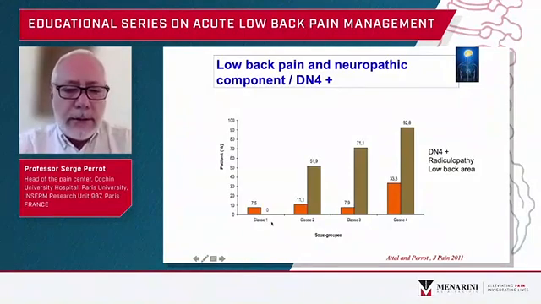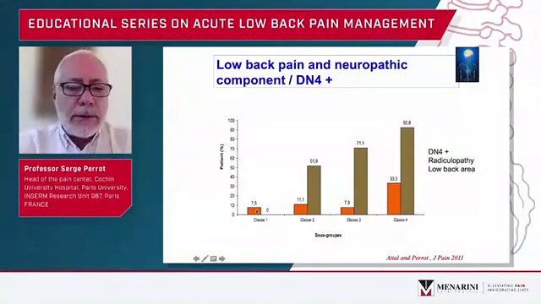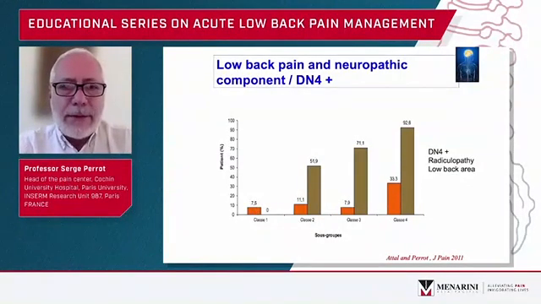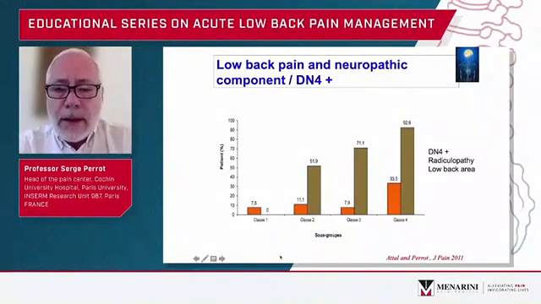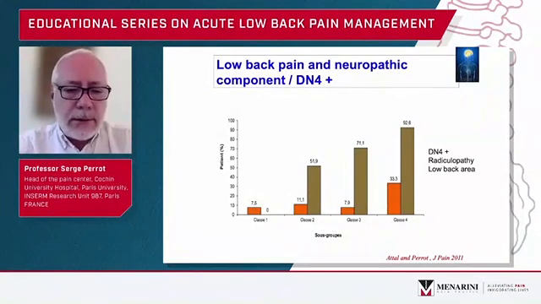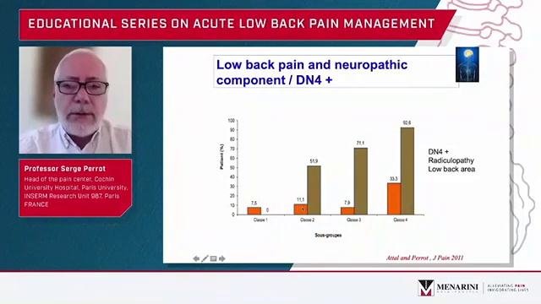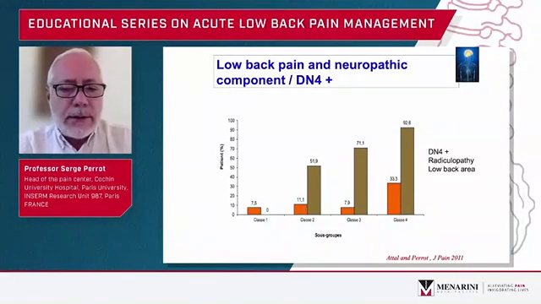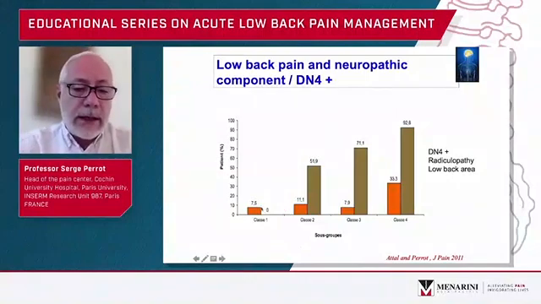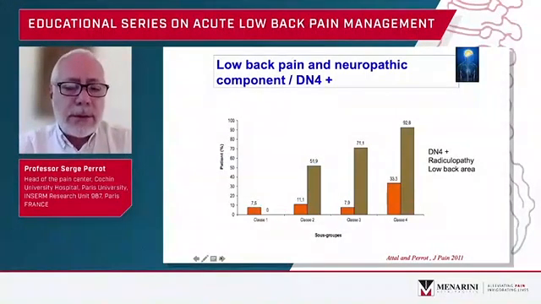In the back, when there is only back pain, about 10% of the patients have neuropathic components. So acute back pain is not only a nociceptive condition, but we can see in part of the patients a neuropathic component, and the neuropathic component is higher when there is radiation in the leg. Here is class 4 of the low back pain and radiculopathy, but even if there is only back pain, we can find a neuropathic component.